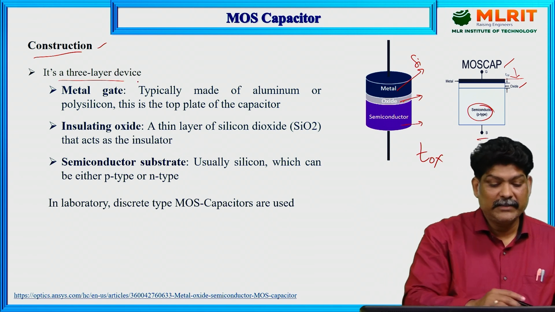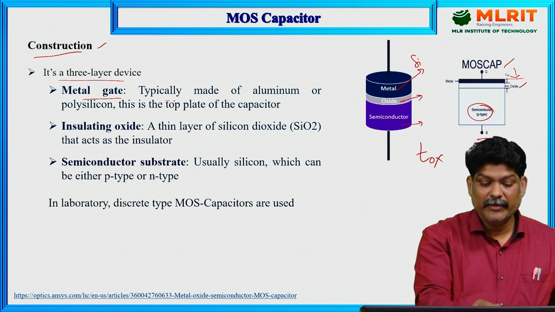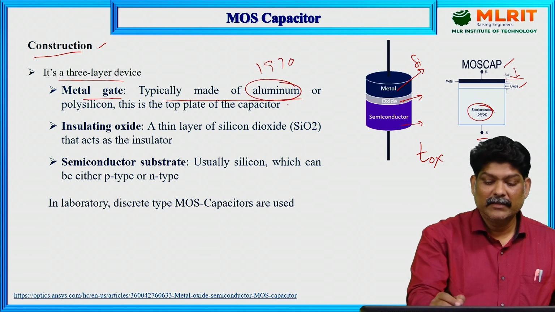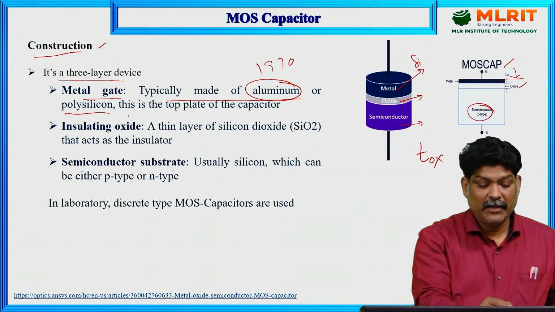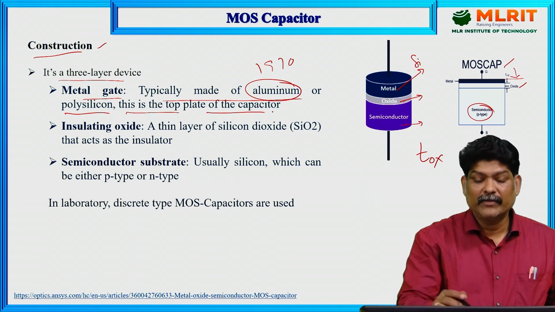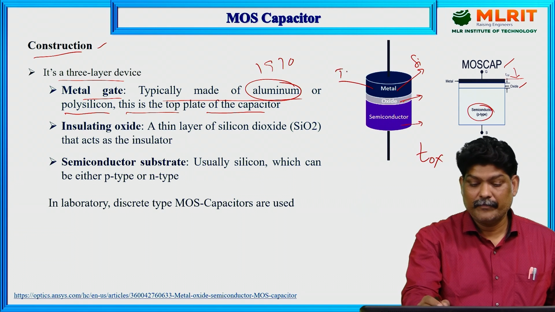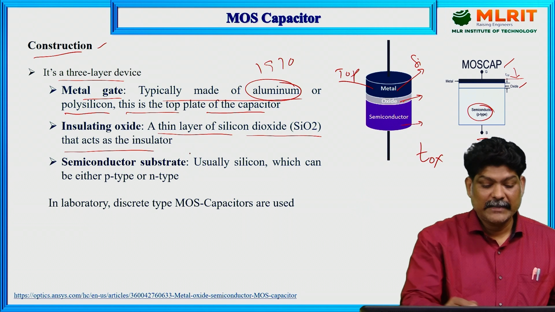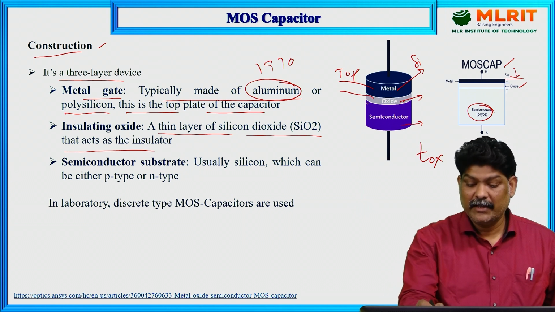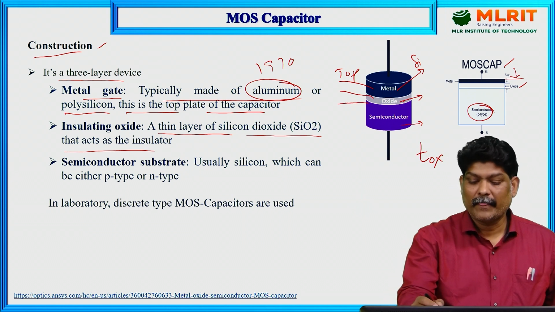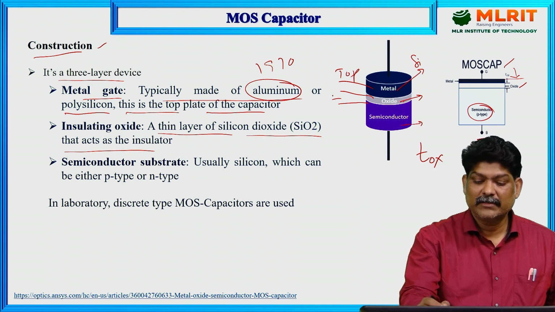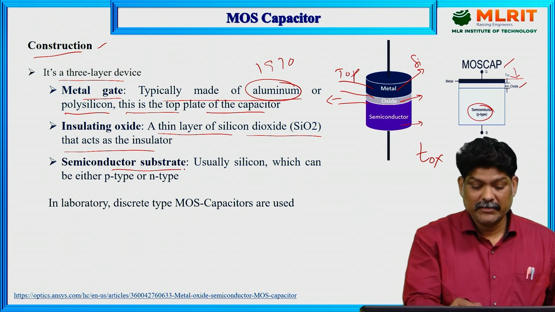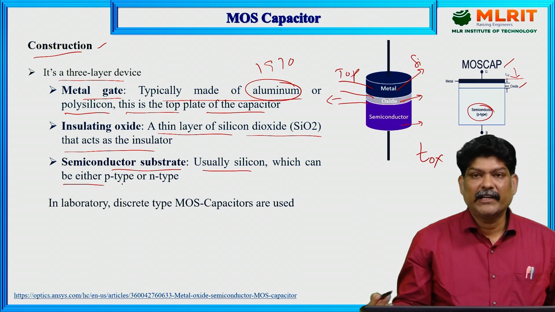So it is a three layer device. First, the metal gate, typically made of aluminum before the 1970s; nowadays polycrystalline silicon is used. This is the top plate of the capacitor. Then the insulating oxide, a very thin layer of silicon dioxide, SiO2, that acts as an insulator. Next, the semiconductor substrate layer, usually silicon, which can be either P type or N type.